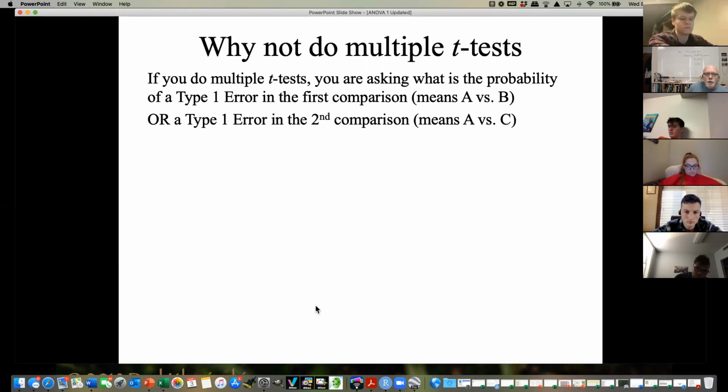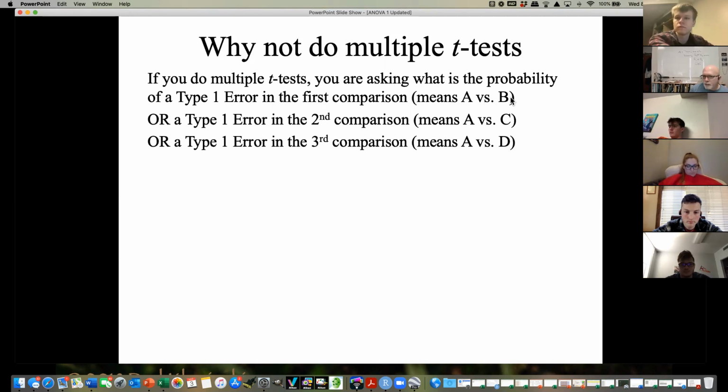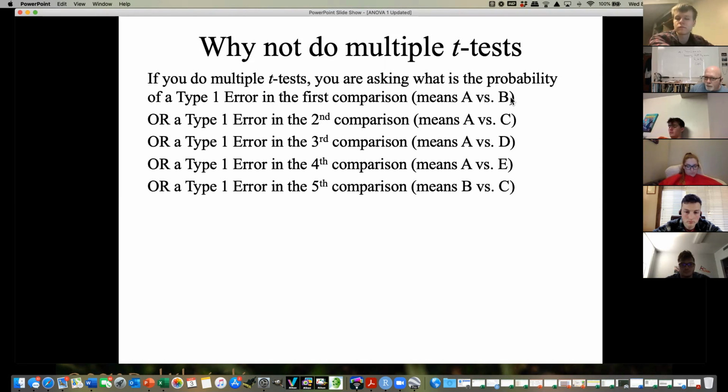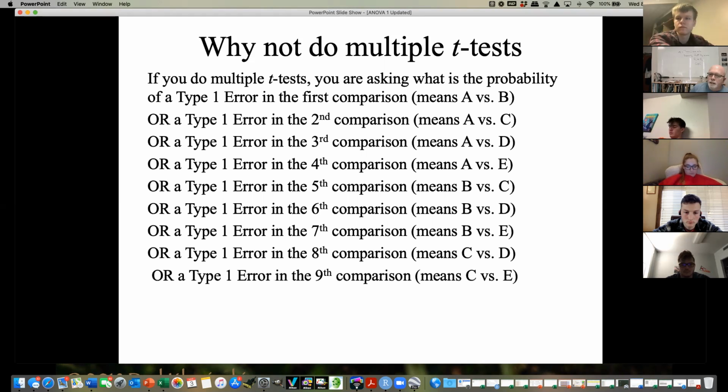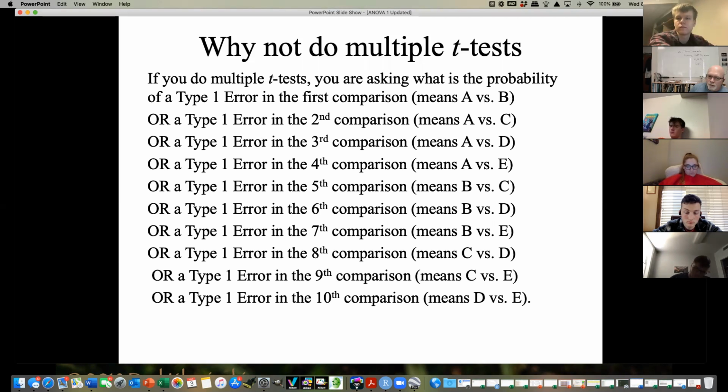So if you do multiple t-tests, you're asking what is the probability of a type 1 error in the first comparison, A versus B, then A versus C, A versus D, A versus E, then B versus C, B versus D, B versus E, C versus D, and C versus E. So that's 10 comparisons.